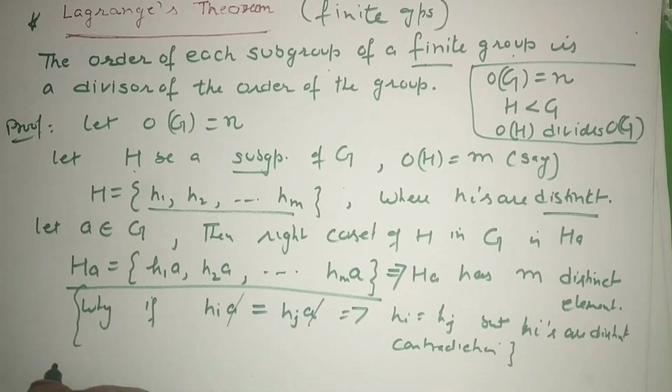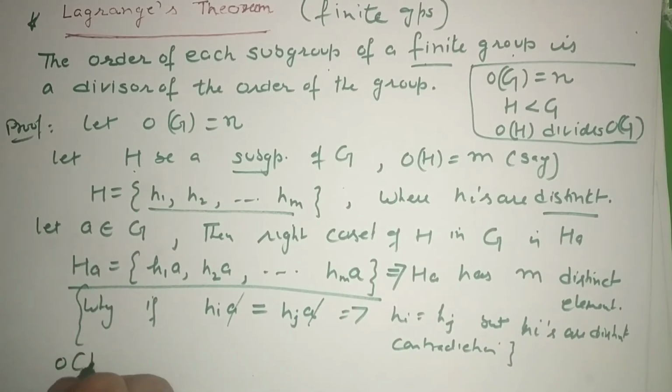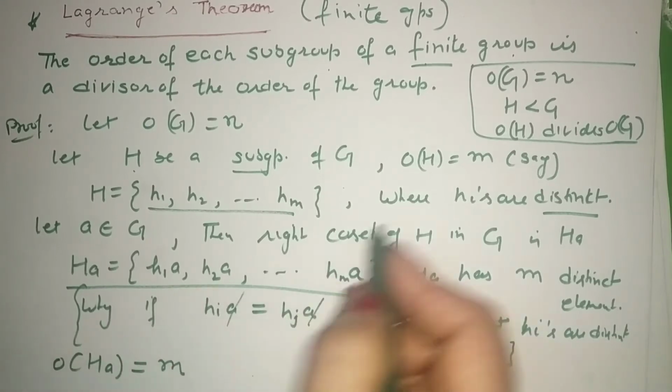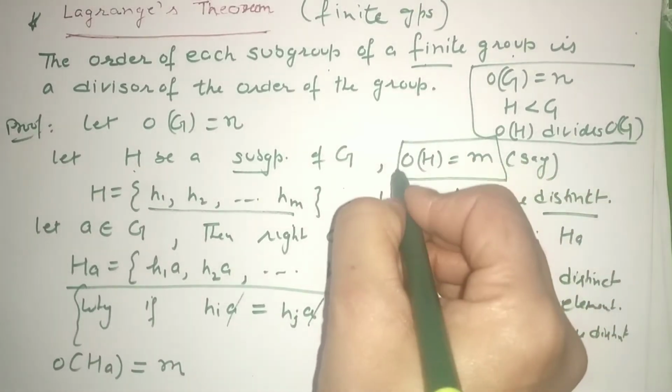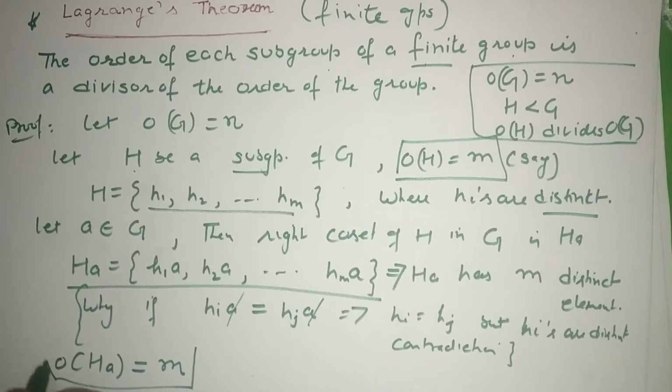So finally, the order of Ha is also m, as the order of H. Order of H is m and order of Ha is also m.